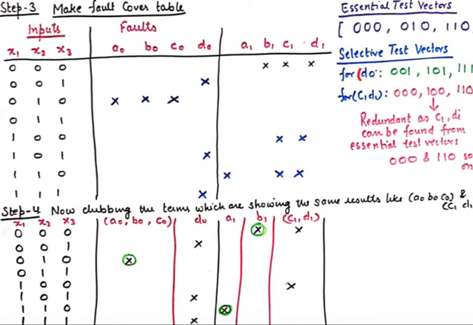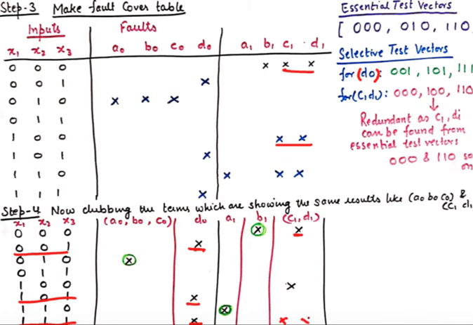For example, for D stuck at 0, we need to check 0, 0, 1, we need to check 1, 0, 1, and we need to check 1, 1, 1, right? And for C1 and D1, we need to check 0, 0, 0, 0, 1, 0, 1, and 1, 1, 1.